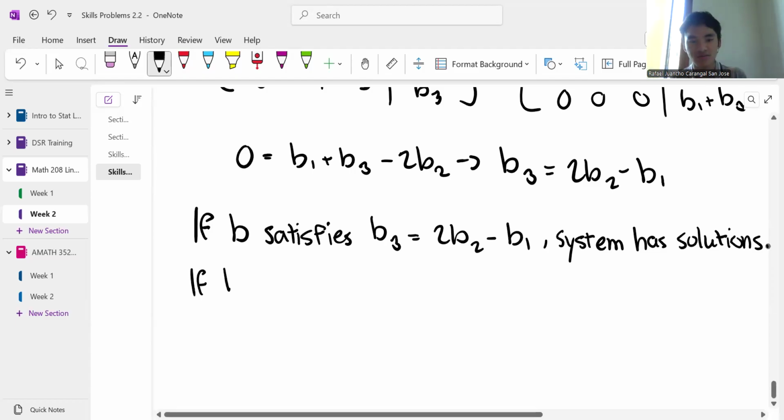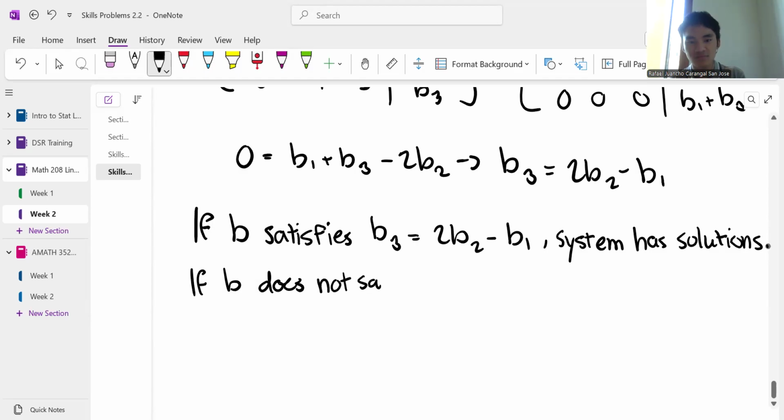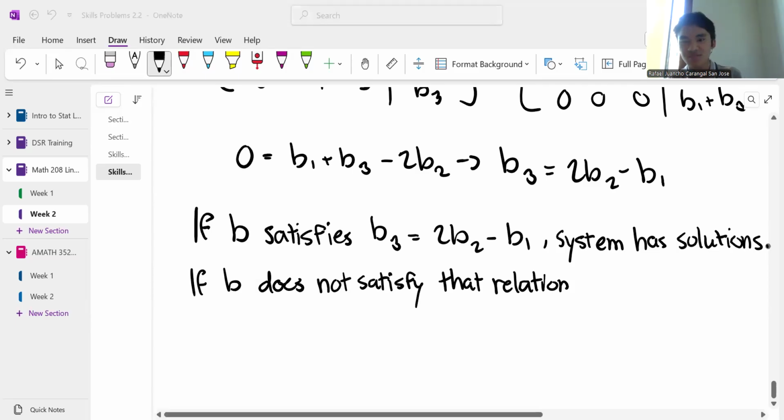But if B does not satisfy that relation or equation, doesn't really matter what you call it, the system is inconsistent, or it means it doesn't have a solution.